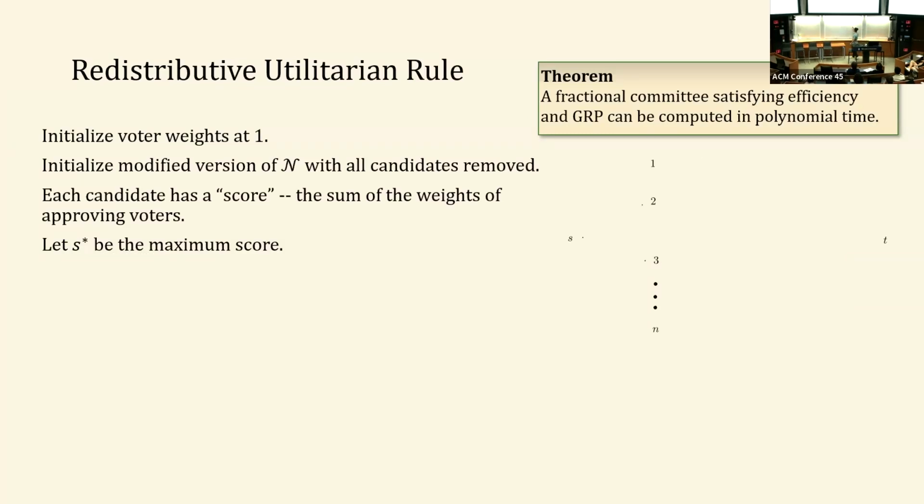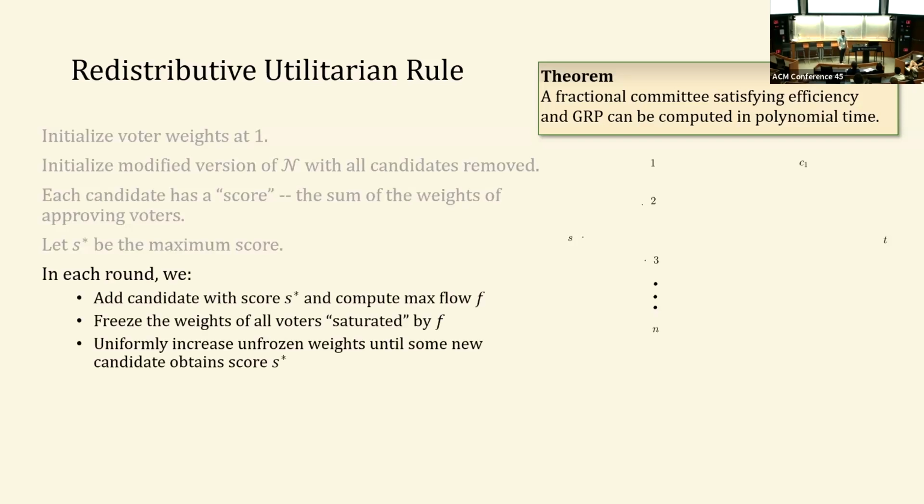And we're going to add them 1 by 1. So each candidate has a score that is the sum of the weights of the voters that approve it. And we'll first identify the maximum score and call that S star. So in each round, we're going to add an additional candidate to the network that has score S star.